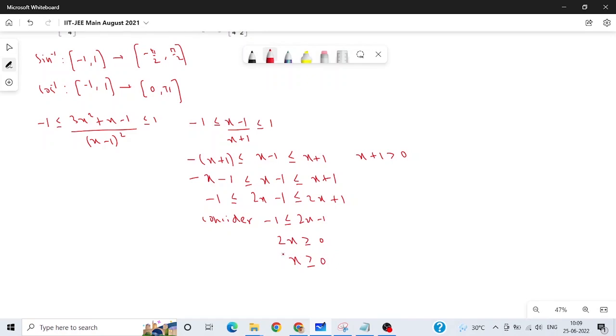This is the first equation that will help us get the answer: x is greater than equals to 0.